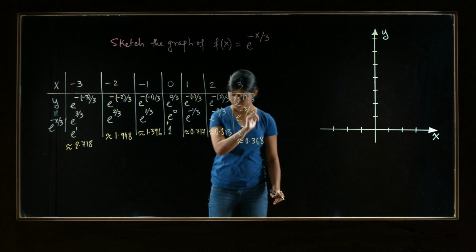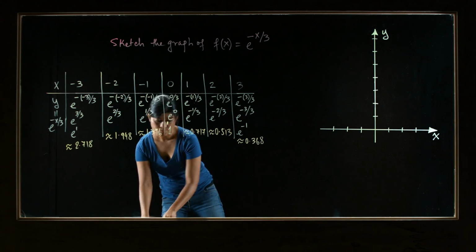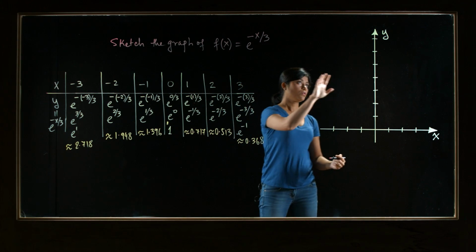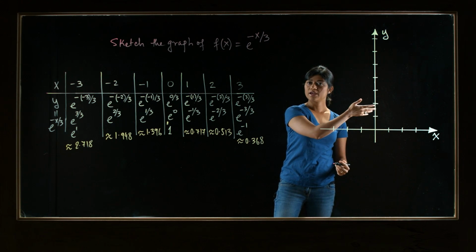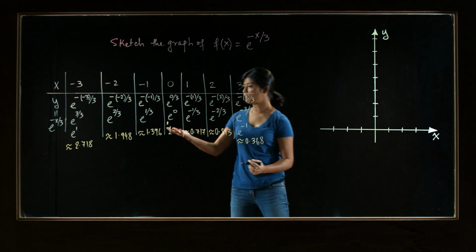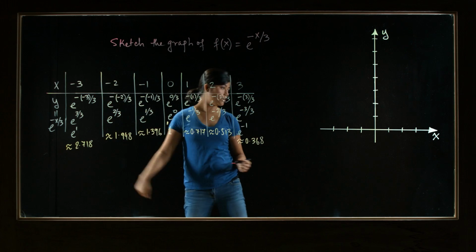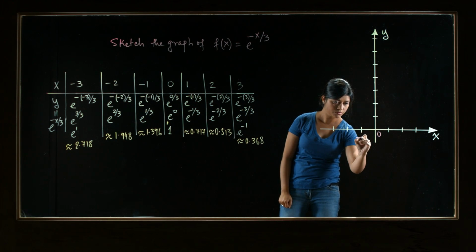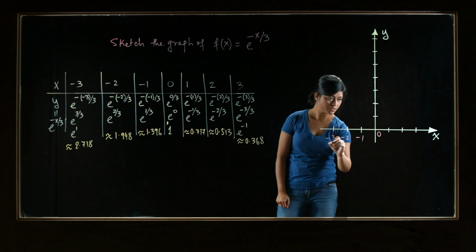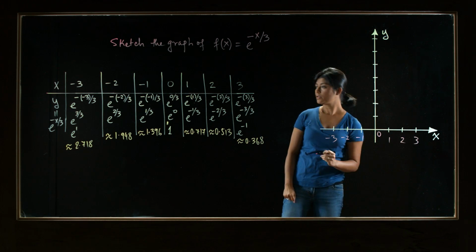Now let's plot these points on our xy coordinate plane and then join those points and have a rough sketch for the graph of this function. So let's start with, let's see, we have, say here is 0, -1, -2, -3, here 1, 2, 3.